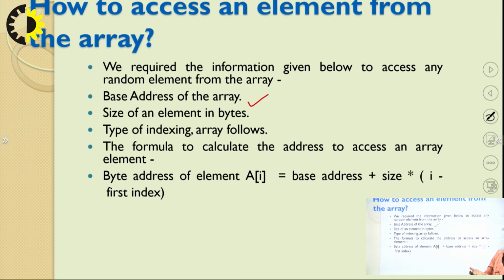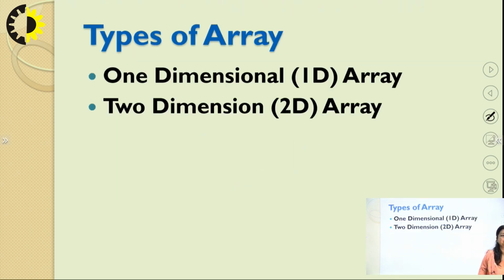In the next slide, we will calculate the address of different elements. Then we need the dimension, whether it is 2-dimensional or 1-dimensional, the size of the elements in bytes, and the type of indexing followed. And the formula is used to calculate the address to access an array element.